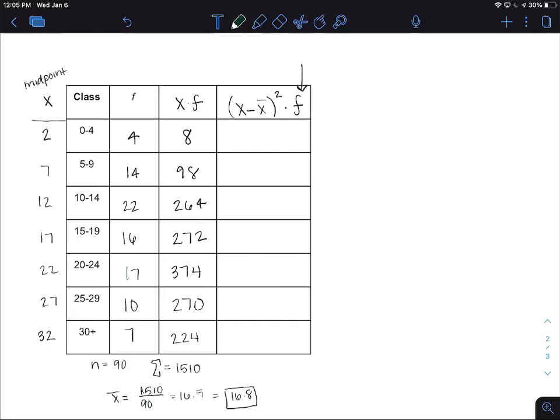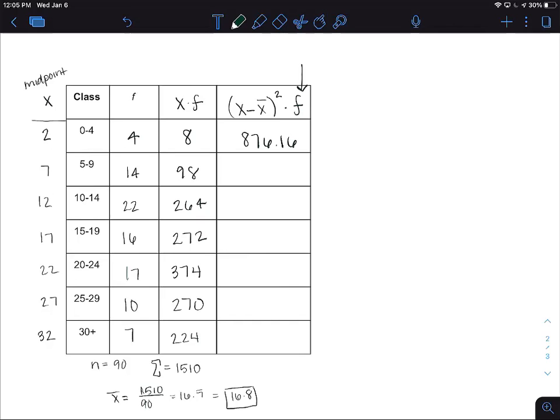So be careful to include that multiplying. If we do this for the first one, we have 2 minus 16.8 squared times 4, 876.16.